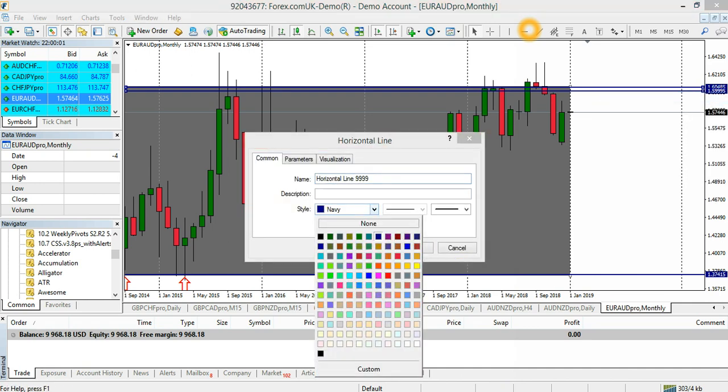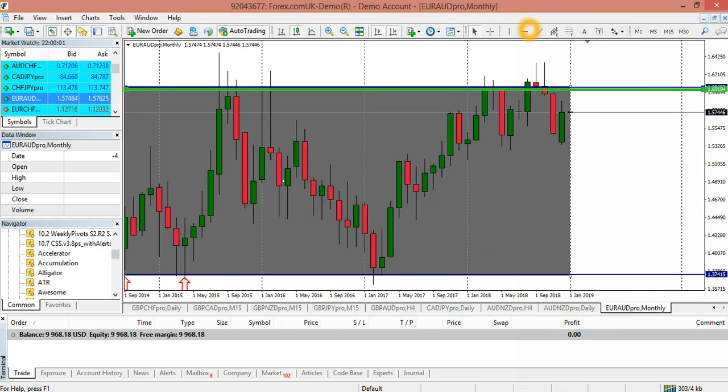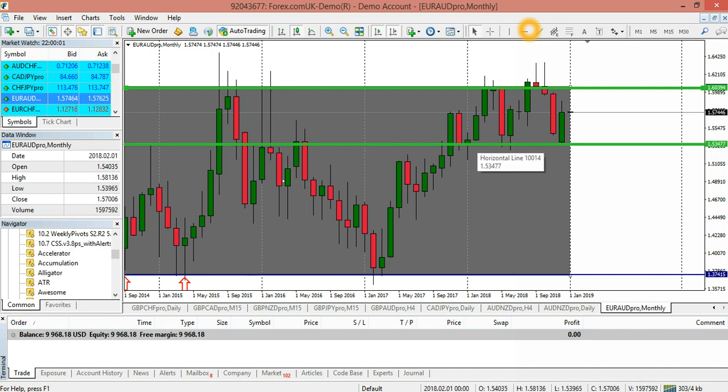And I'm going to put this in green just to highlight this area. If you look here between that green line there and this green line here, you will see another consolidation. Up, down, up, down, up. We're going to expect it to come down.